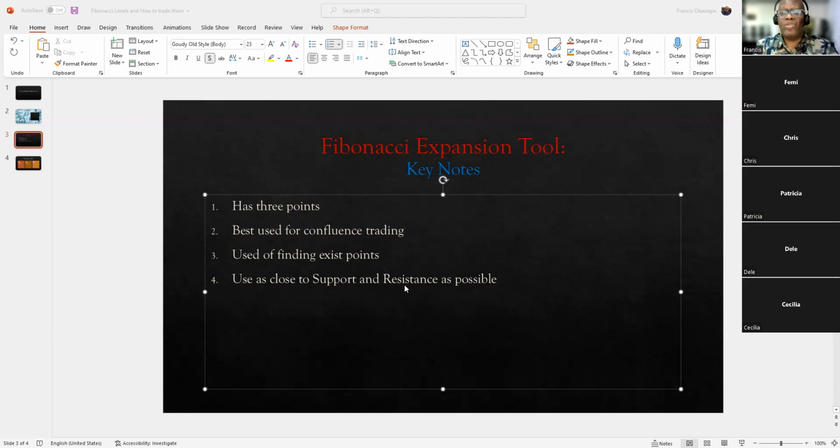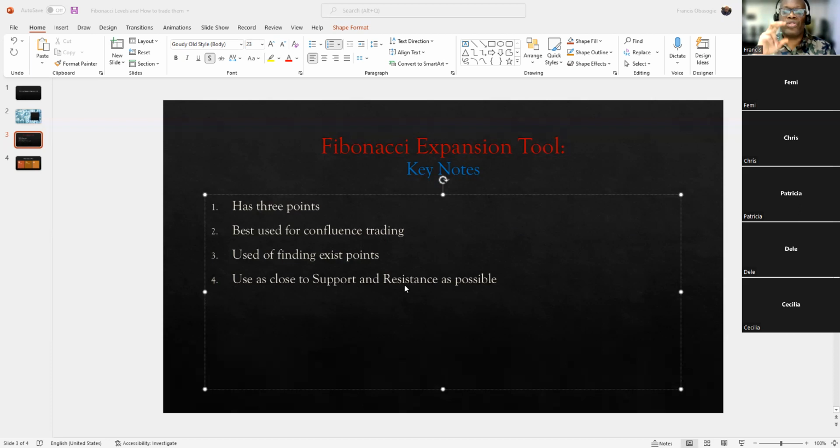Now, some might want to use it for entries. Some might want to put both the Fibonacci expansion and the Fibonacci extension together and use it as confluence, but I don't so much do that.